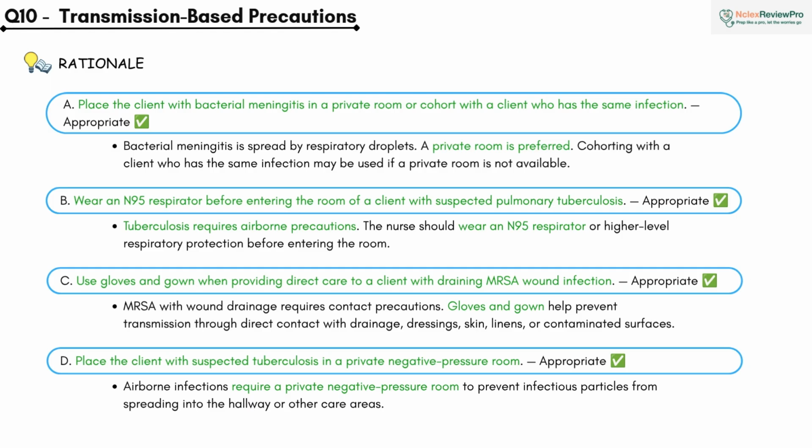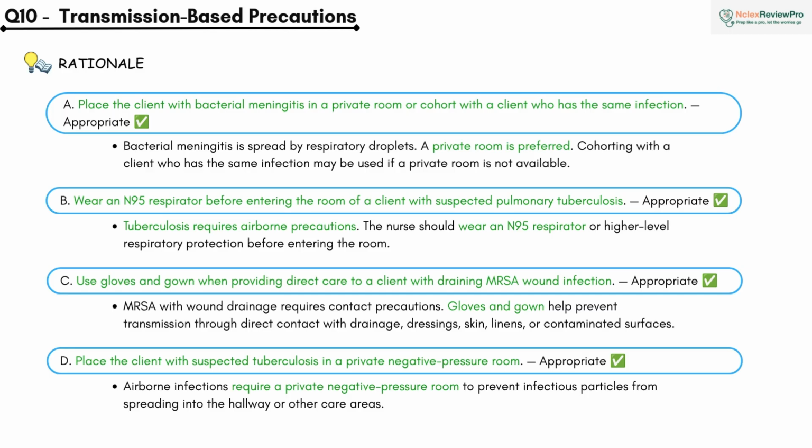Option B says, wear an N95 respirator before entering the room of a client with suspected pulmonary tuberculosis. This is appropriate. Tuberculosis requires airborne precautions. The nurse should wear an N95 respirator or higher-level respiratory protection before entering the room.